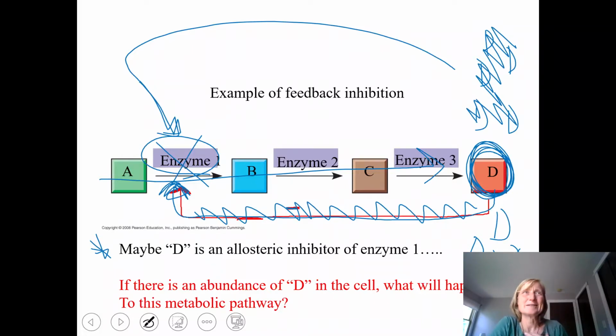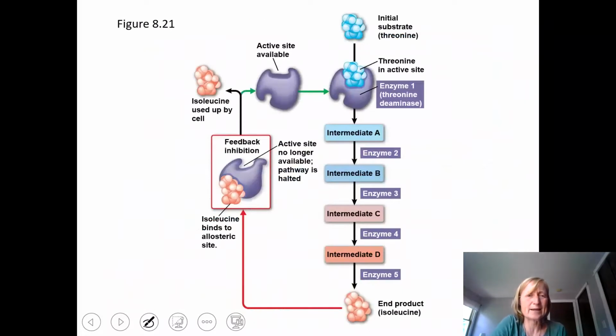Our cells have all sorts of metabolic pathways that are regulated by feedback inhibition. This is a fantastic way for a cell to make enough of something, but not too much. You don't want to make too much of something that you don't need. That's a nice setup.